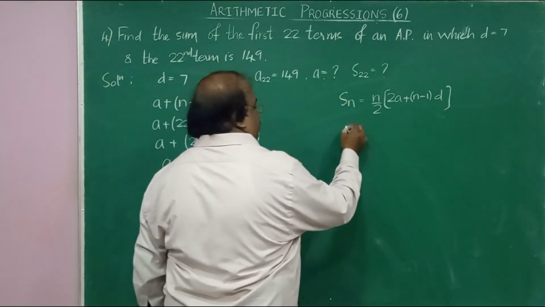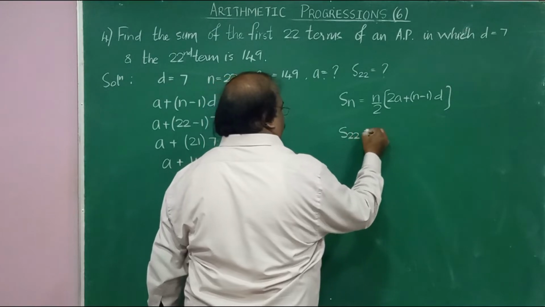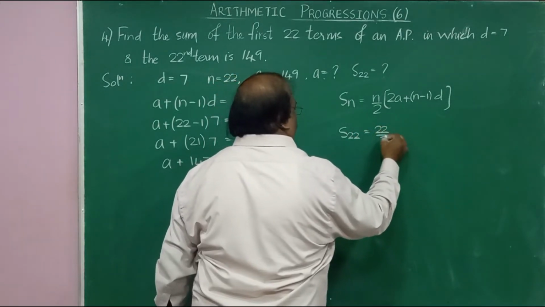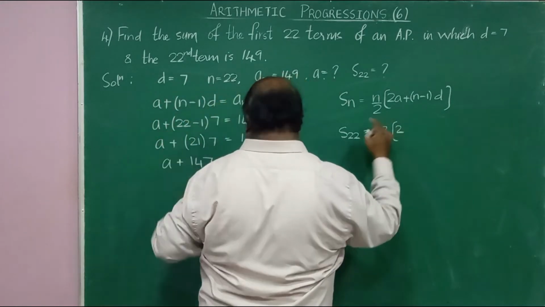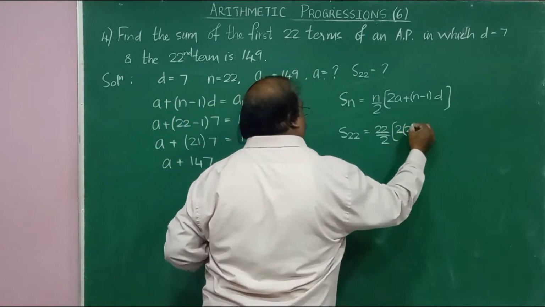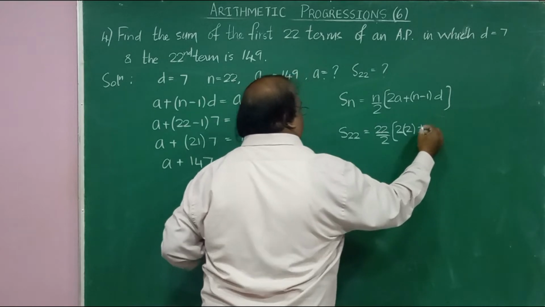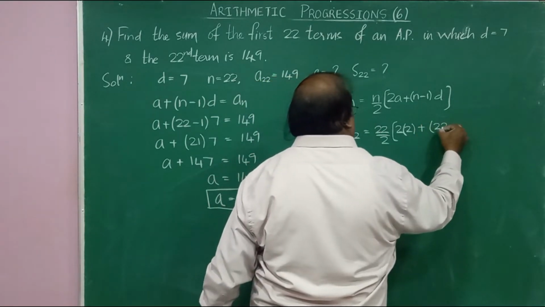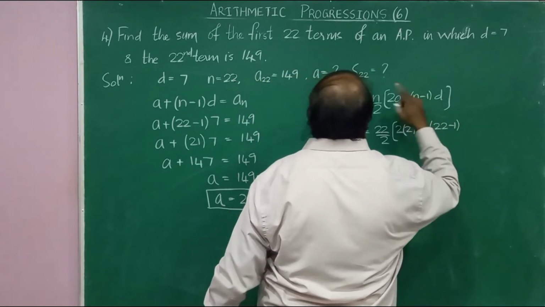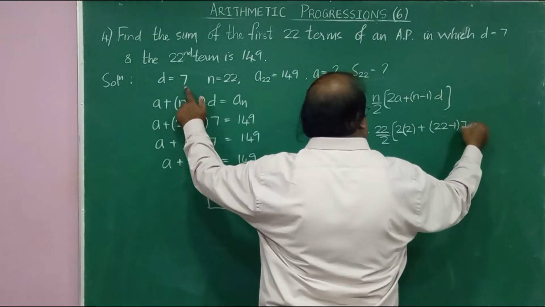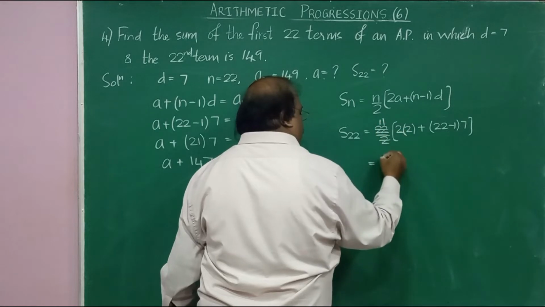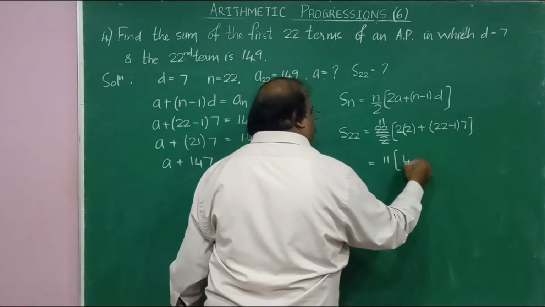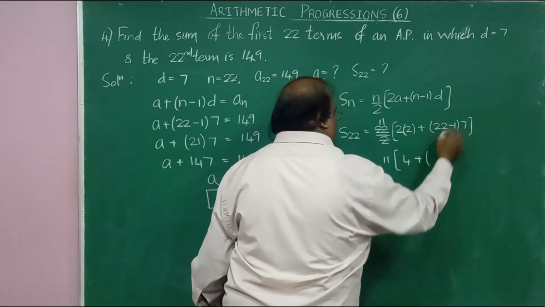Let me use the first one for S22. What is S22? 22 upon 2 into bracket 2a, what is a? Just now I found out, 2, plus (22 minus 1) into d. So you get 2 ones are 2, 2 twos are 4, 22 minus 1 is 21.